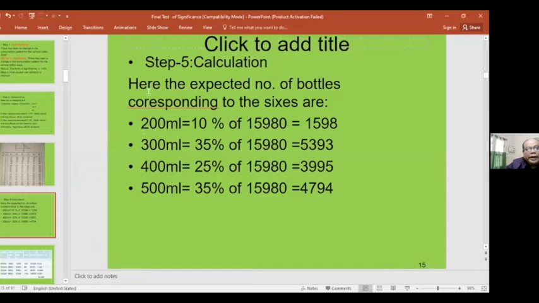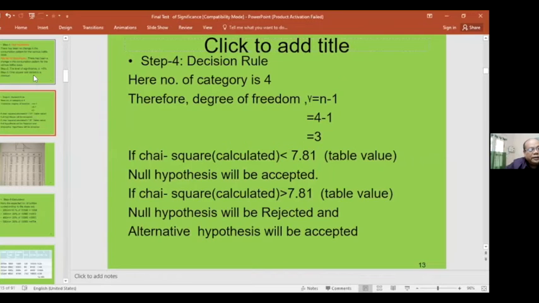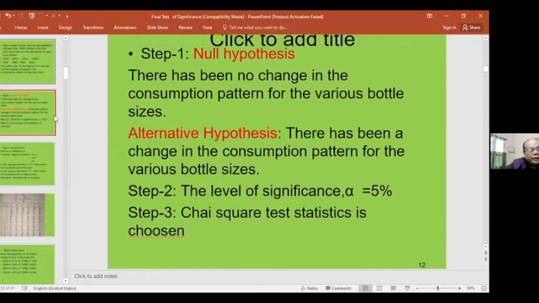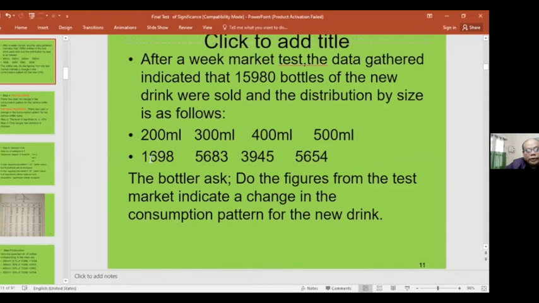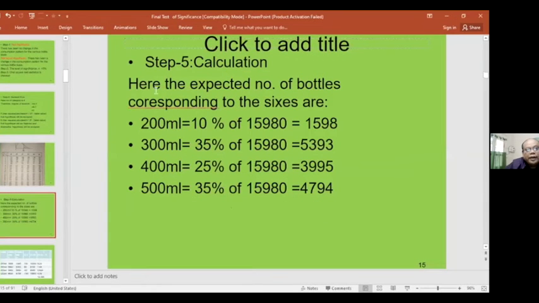Now the expected calculation: the expected number of bottles. In the trial, the total number of bottles was 1698, 5683, plus 3945, and so on. Now look at this: the total was 15980. But how much are you expecting? In the question, the earlier pattern was 10% of this, 30% of this, 25% of this.